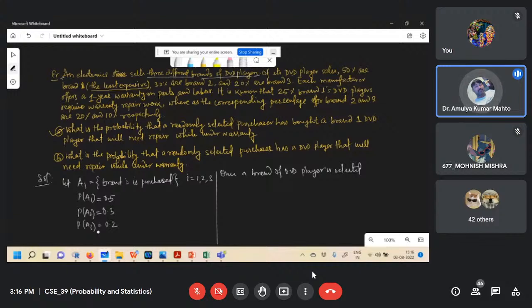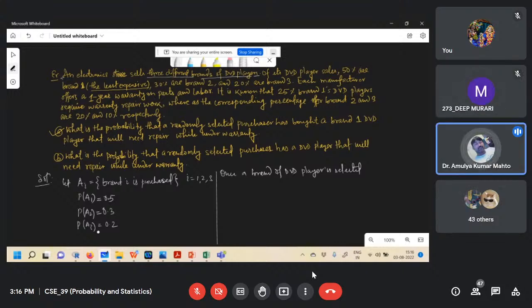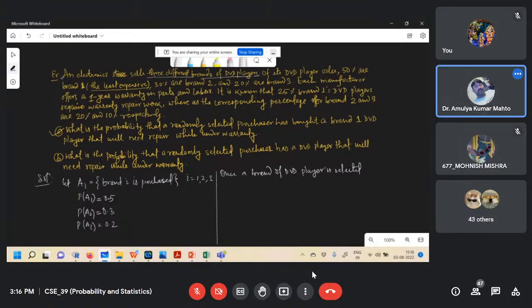The second stage that we can see is about the warranty.